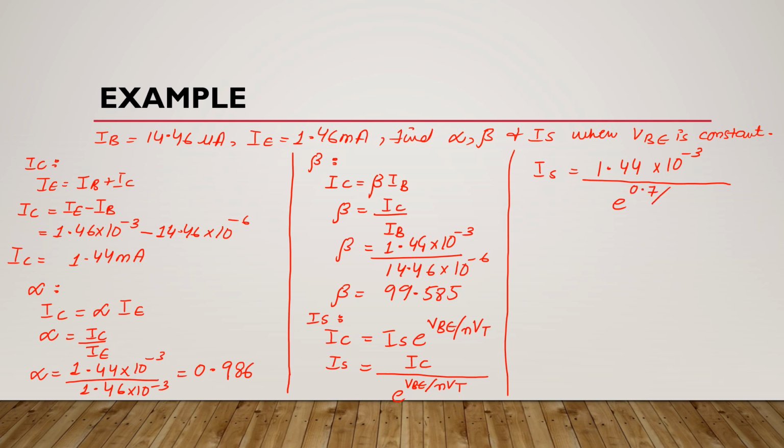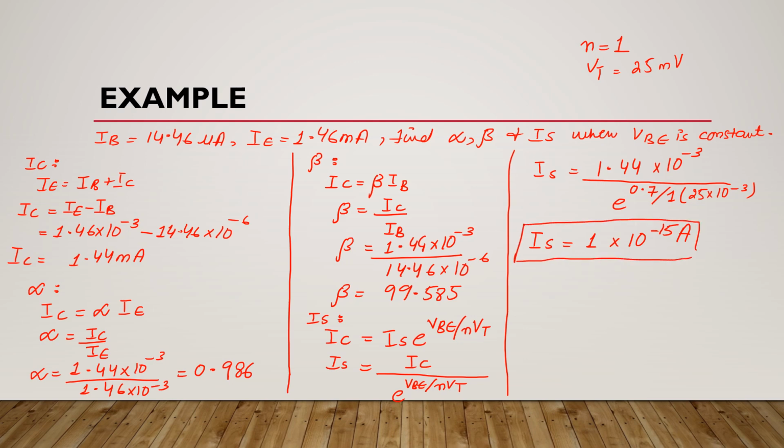We know that this N is 1 and VT is 25 millivolts. So here we have 1 multiplied by 25 into 10 raised to the power minus 3, and after solving this you will get IS is equal to 1 into 10 raised to the power minus 15 amperes. Okay, so these are your unknown values here.